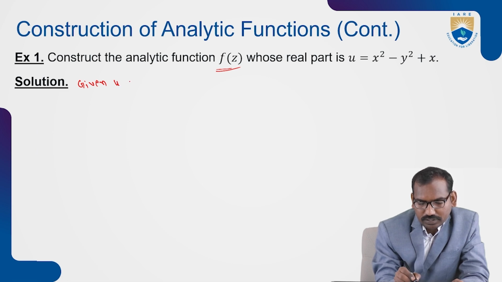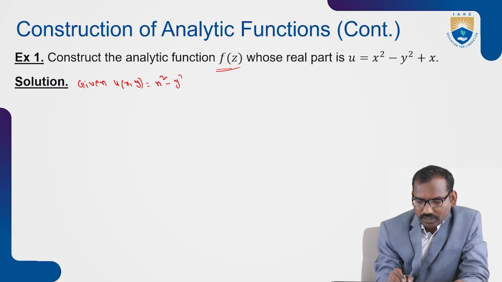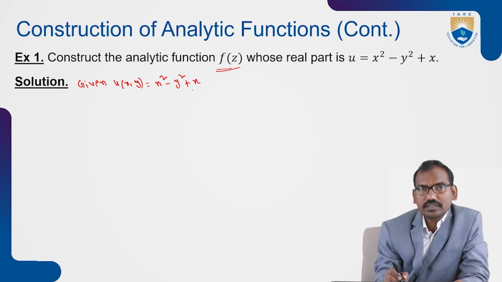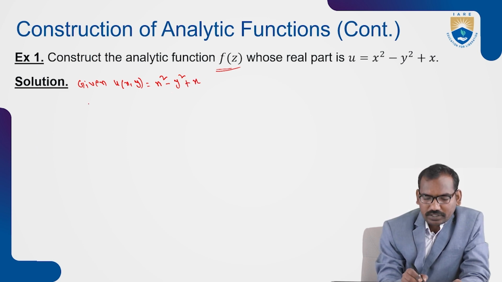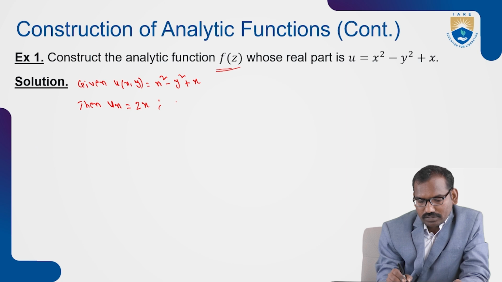So u is having how many variables here? 2 variables, u of x comma y, which is x square minus y square plus x. So what can I write? Then you can easily calculate u sub x. U sub x becomes what? It is 2x plus 1. And what is u sub y? U sub y is minus 2y.